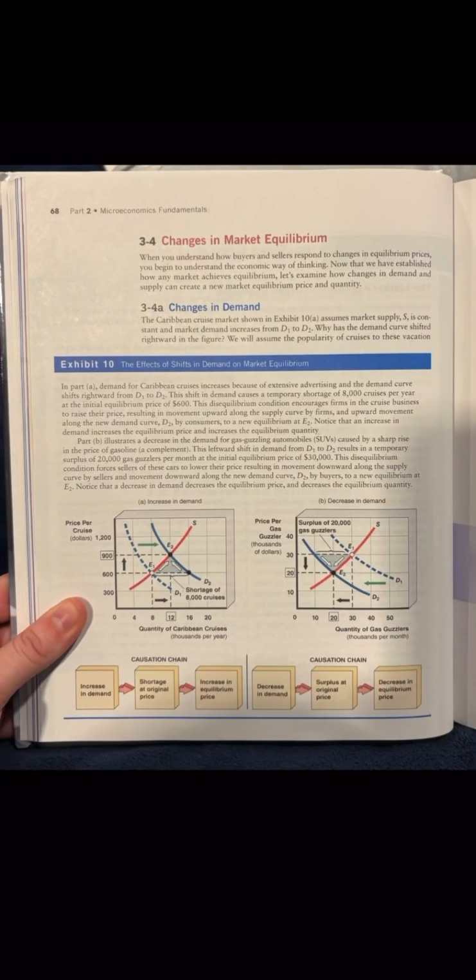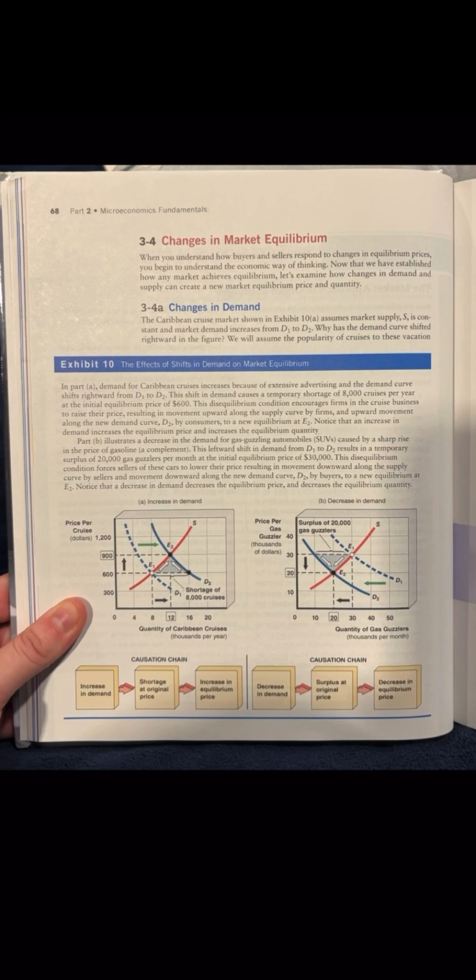Exhibit 10. The effects of shifts in demand on market equilibrium. In Part A, demand for Caribbean cruises increases because of extensive advertising, and the demand curve shifts rightward from D1 to D2. This shift in demand causes a temporary shortage of 80,000 cruises per year at the original equilibrium price of $600.